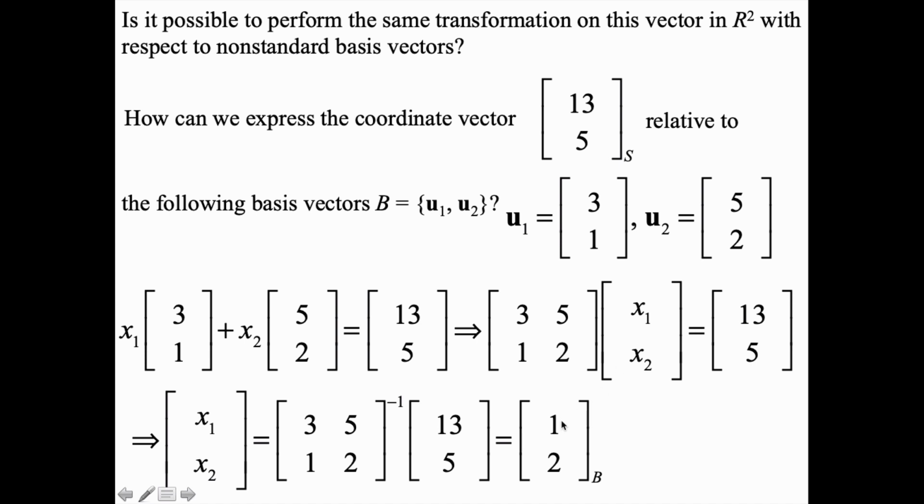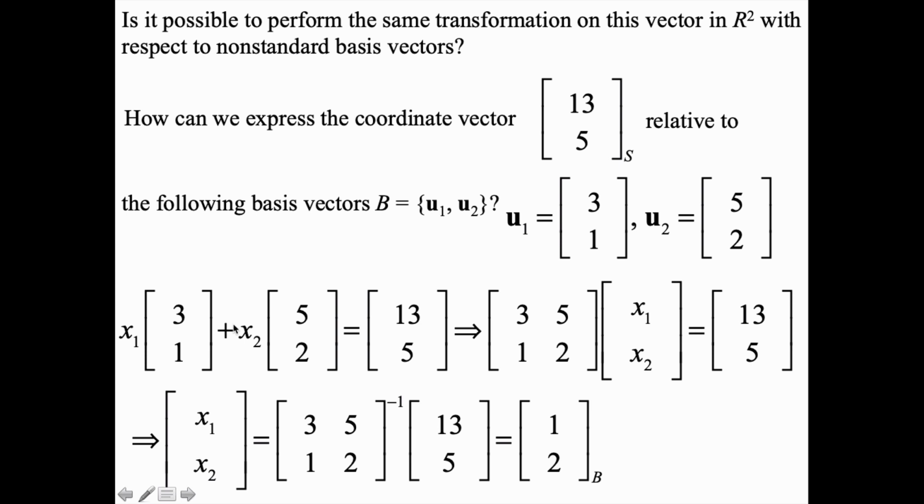Basis B was the set of these two vectors, U1 and U2. So what this coordinate (1, 2) means, it doesn't mean 1i plus 2j anymore. It means 1 of U1, which is (3, 1), plus 2 of (5, 2), two of the vector U2.